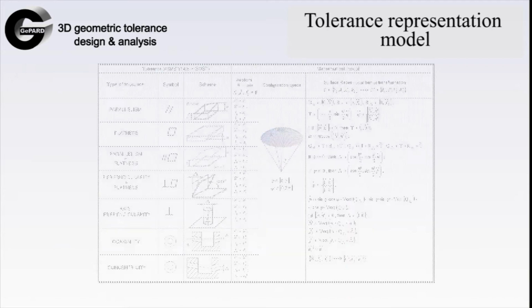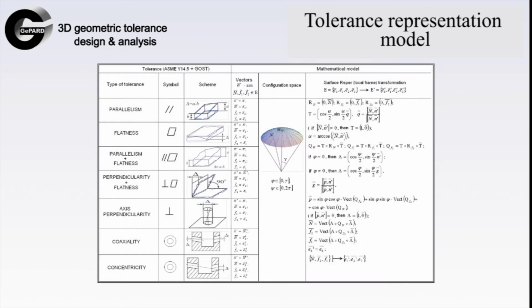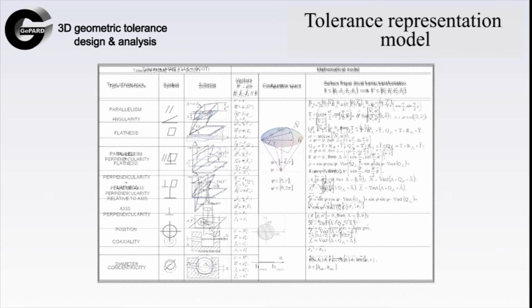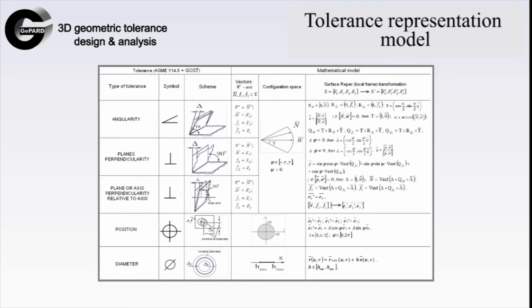In the tables presented, you can see all Gepard tolerance models. The two tables show orientation and location tolerance representation as follows. Thus, using the quaternion-based transformation formula for marked frame transformation, for every point of the configuration space we can obtain some position of the surface marked frame in 3D. Some formulas for basic transformation are shown in the right column of the tables.